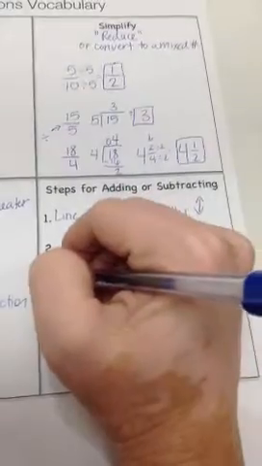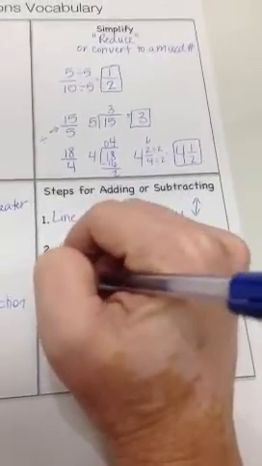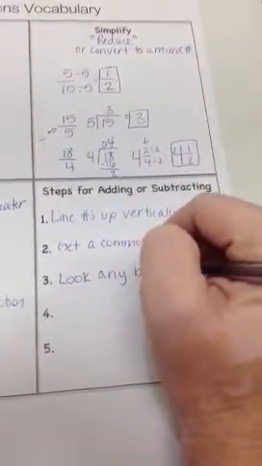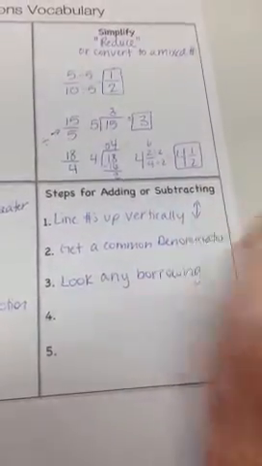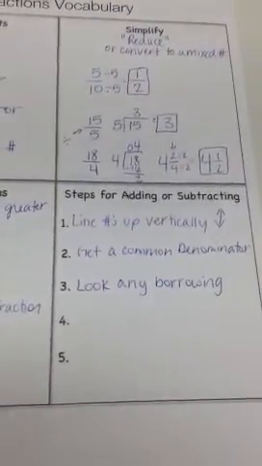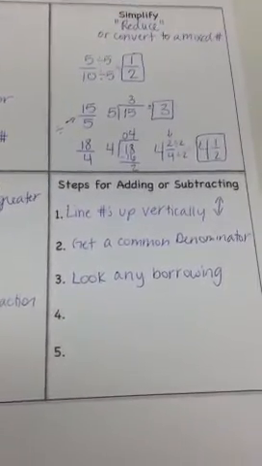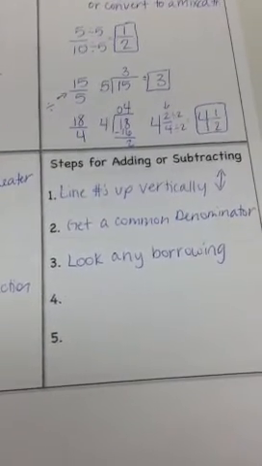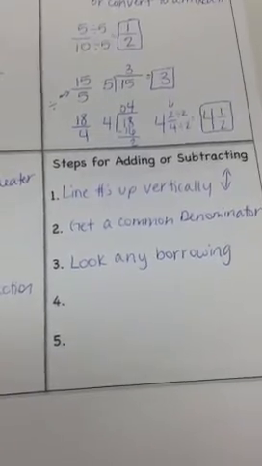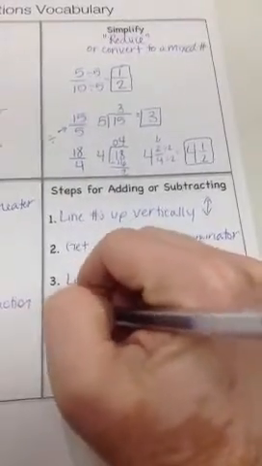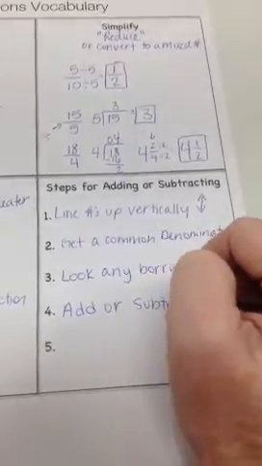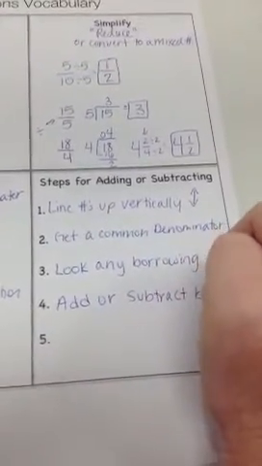So step number 3 is look for any borrowing. And what I mean for that is if you see that you are subtracting, you are going to have to look to see if you're going to have to borrow with your numerators. If you cannot subtract your numerators, you're going to have to borrow from your whole number. Then step 4 is go ahead and add or subtract both numbers.